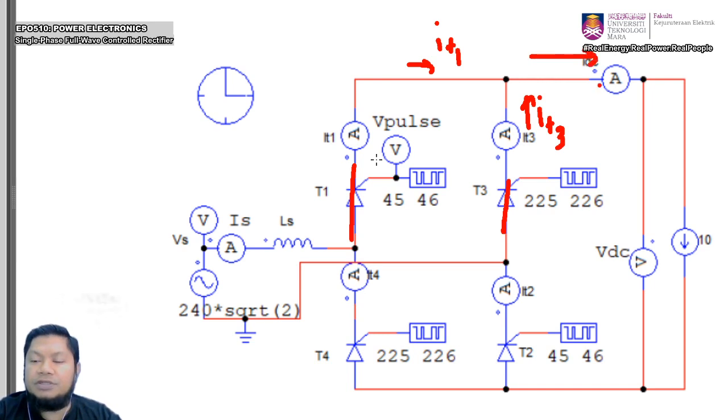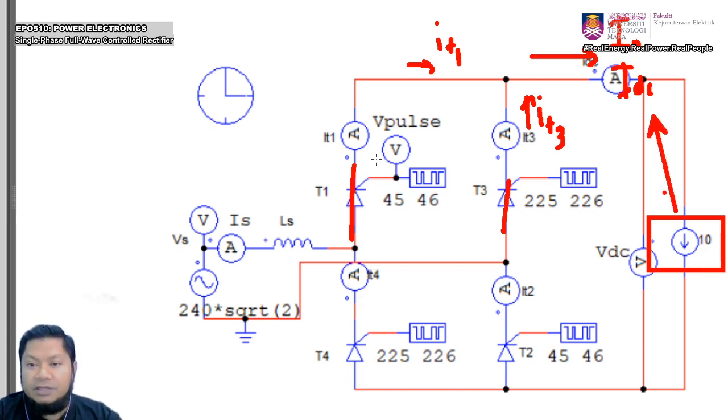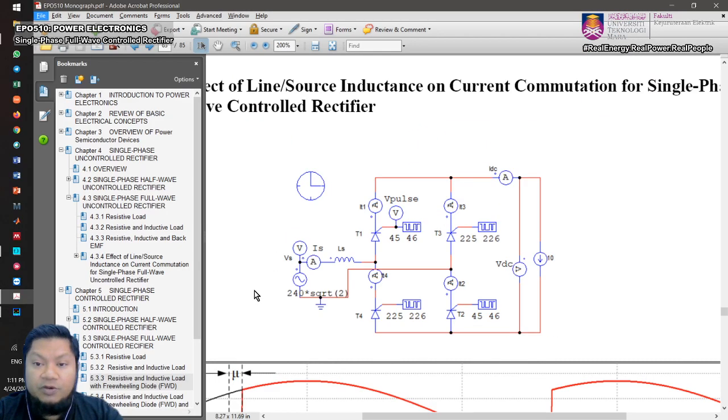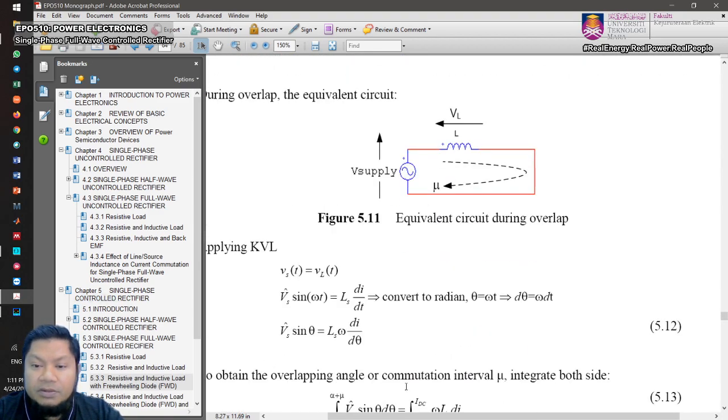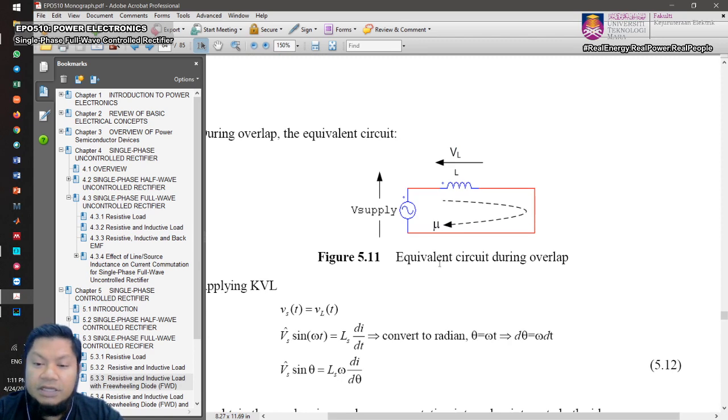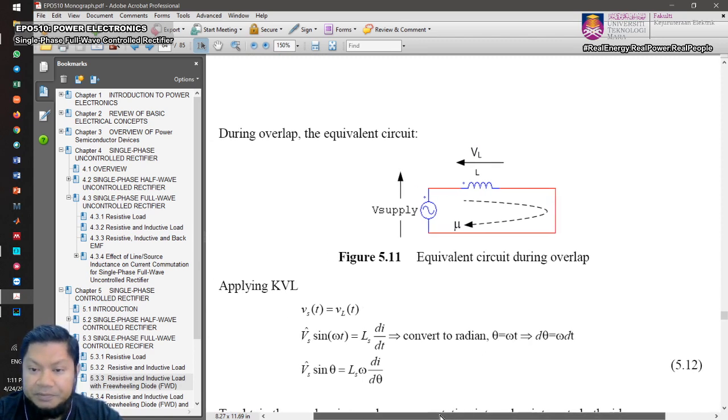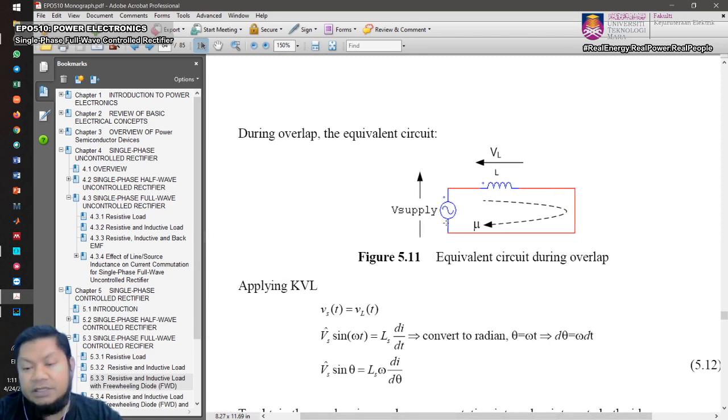So this is the constant current IDC or I naught, which in this example has a value of 10 amps. So that will be the equivalent circuit. Let's go back. This is the equivalent circuit during overlap. So you have the supply voltage and only the L.